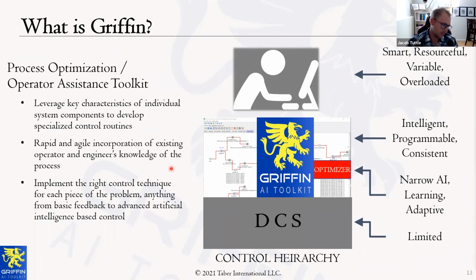Or if we had the ability to make the control system act like this, we could implement more robust and effective control. And that's really what led to this development of add-a-variant control and the Griffin AI Toolkit.